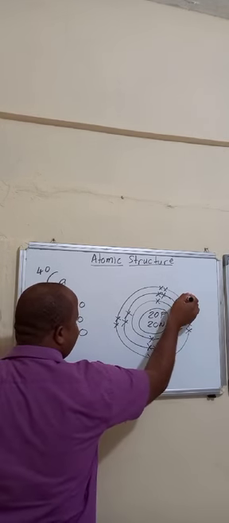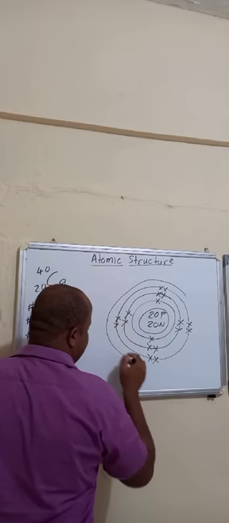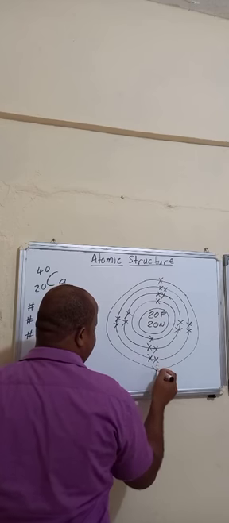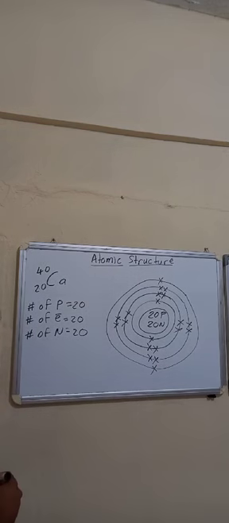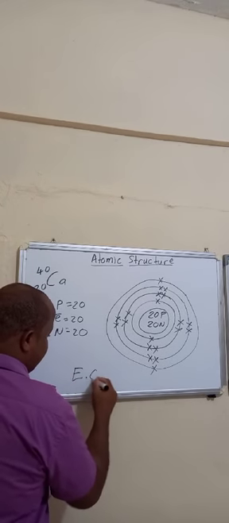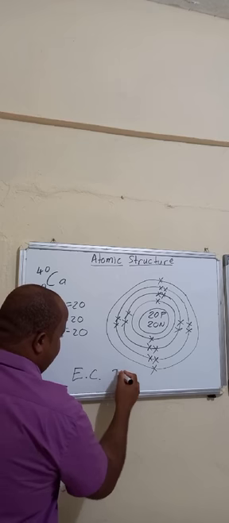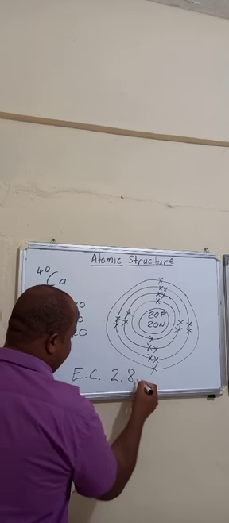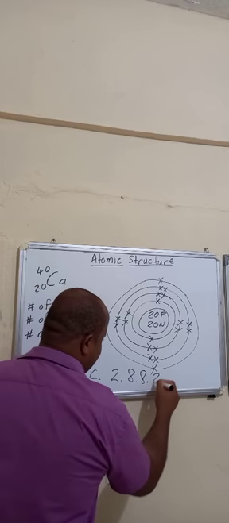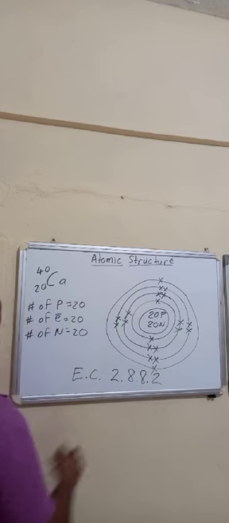That means we need another shell. And you put 2 electrons on that one. Alright, so that's the atomic structure for calcium. The electronic configuration would be 2 on the first shell, 8 on the second shell, 8 on the third shell, and 2 on the fourth shell.